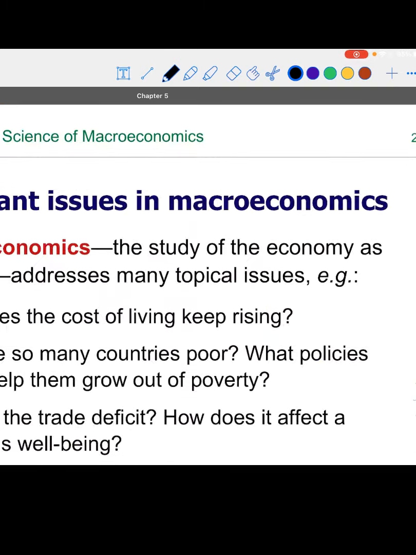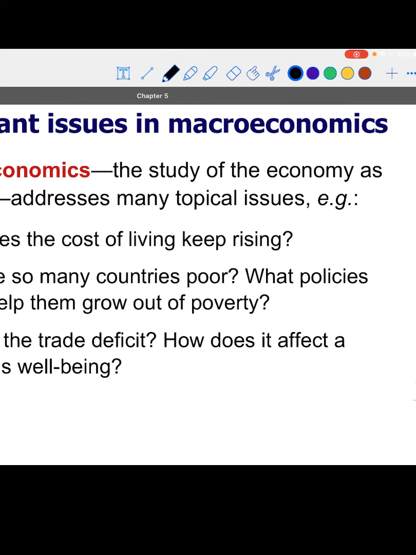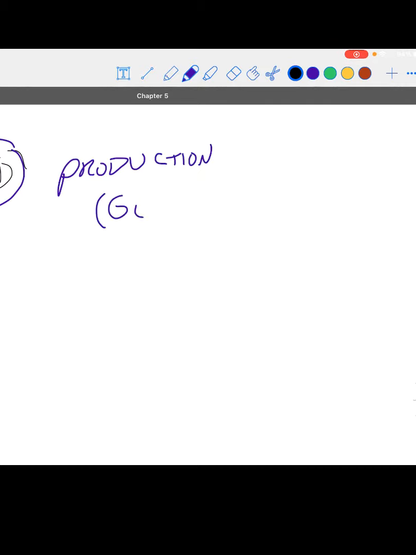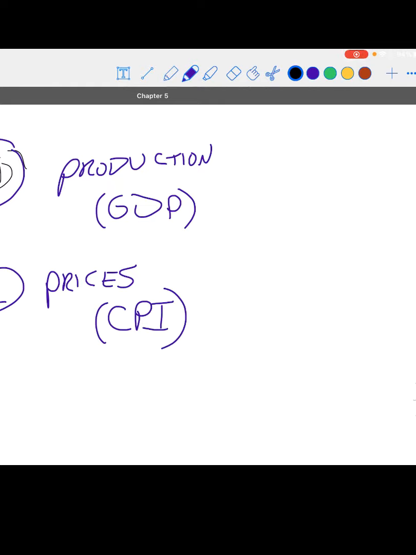So if we think about what macroeconomists measure, for the most part, they're measuring 3 things. They're measuring production, which we measure as gross domestic product. They're measuring prices, which for the most part we measure with an index, the most popular index being the Consumer Price Index.